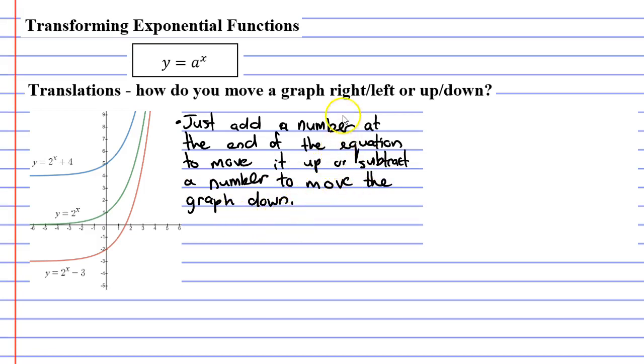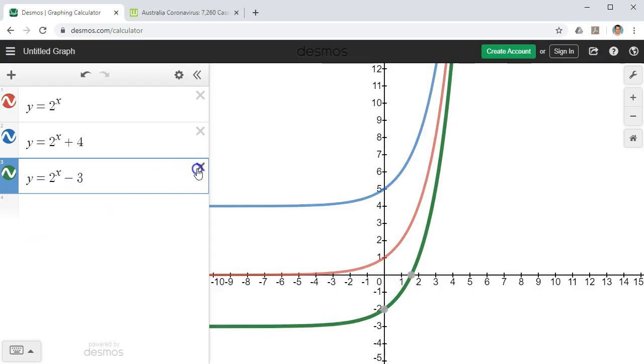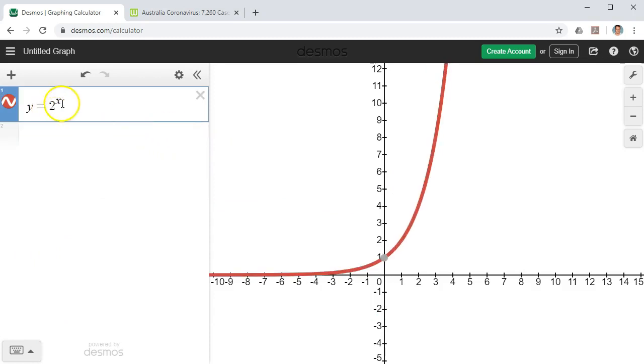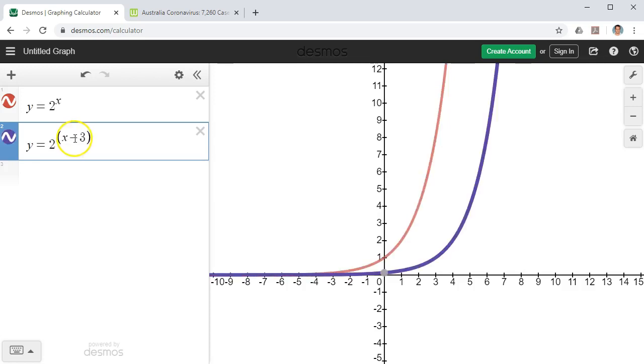Now we need to look at right-left movements. Once again, we just copy the same equation. I'm going to put my x here in brackets, and I'm going to subtract 3 next to it.